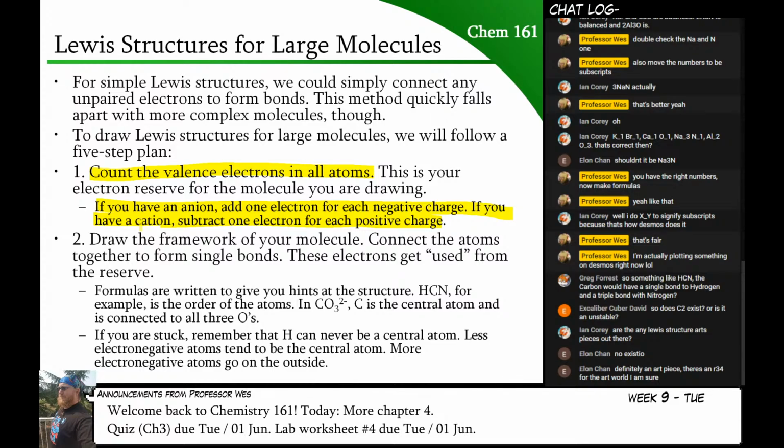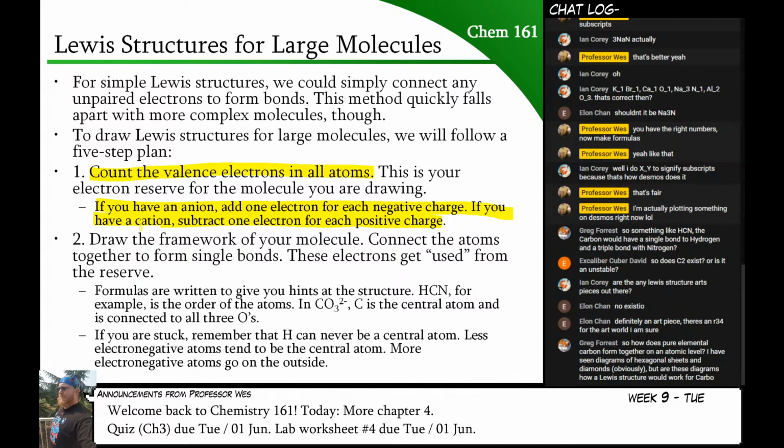Formulas tend to be written to give you a hint as to what goes in the middle. The first element that is not H is the central atom. So, for example, in CO3 2-, C is the central atom. In HCN, C is the central atom. H can never be the central atom.